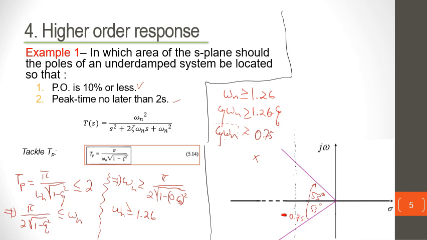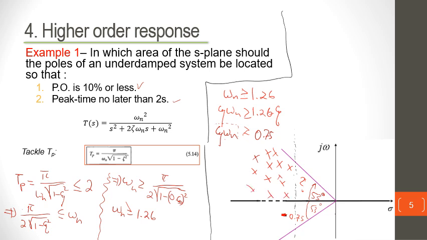So the poles have to be located where this real part is greater than 0.5. It means our poles can only be located on this side of the line, not on the other side.